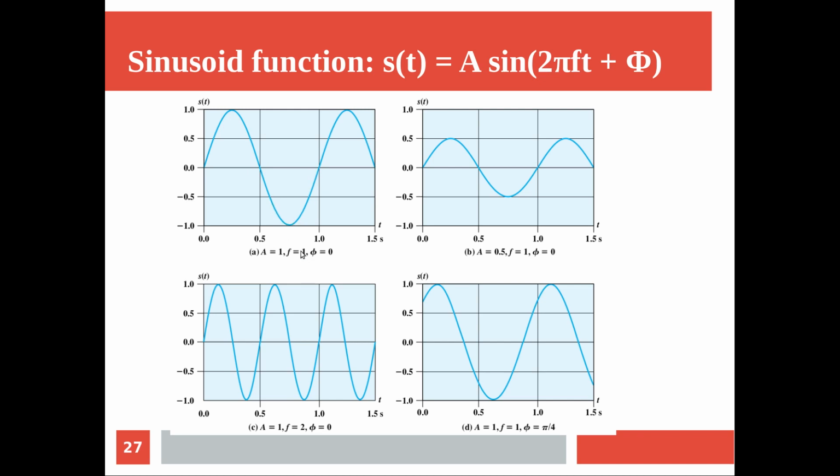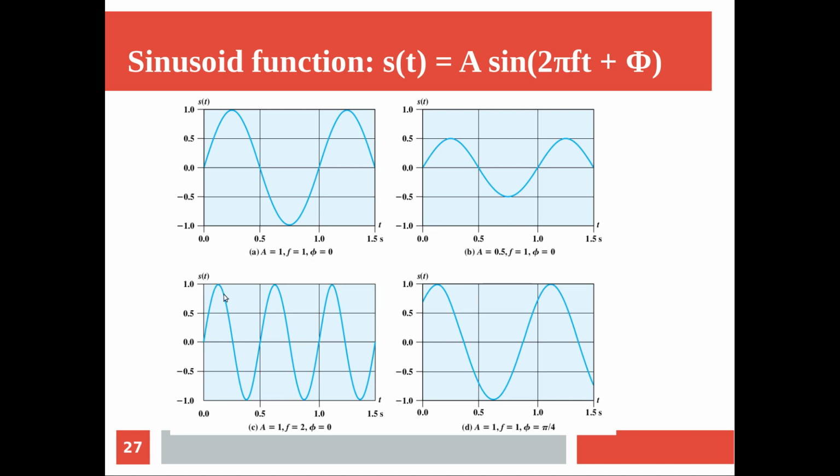And what is frequency? The number of cycles repeated per unit time, that is per 1 second. Here you can see this is 1 second and the cycle is repeating only one time, so frequency is equal to 1. Here also we have frequency equal to 1 because the cycle repeats one time per unit time.